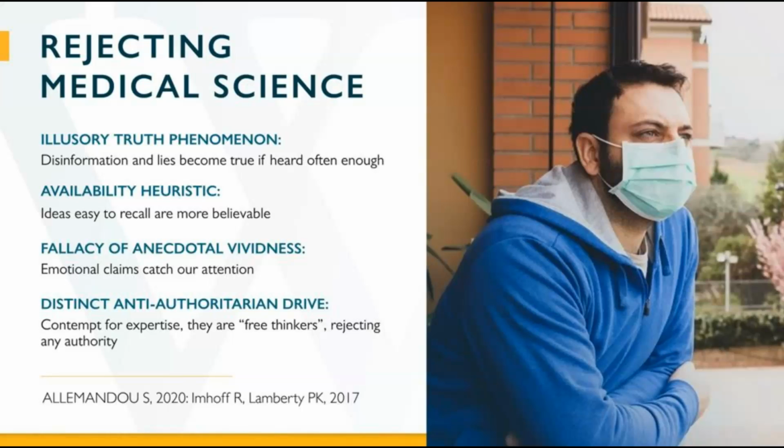And so people are more drawn to these personal stories than they are to the scientific. And the last is a distinct anti-authoritarian drive. And this is a concept that people have a contempt for expertise. They see themselves as free thinkers, and they're not going to follow authority.